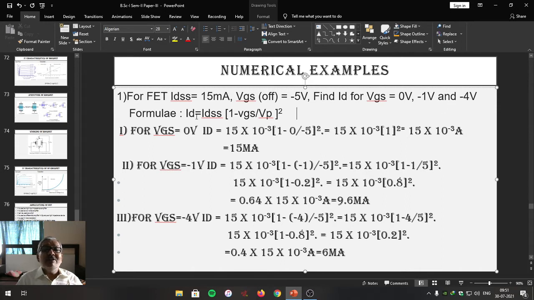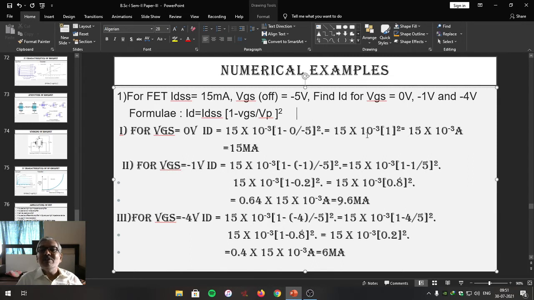First of all, we have to calculate the value of ID for VGS equal to say 0 volt. For VGS equal to 0 volt, ID equal to IDSS, it is 15 into 10 raised to minus 3 into bracket 1 minus VGS, it is 0 for 0 volt we are calculating, upon VP, it is minus 5, bracket square. 0 upon minus 5 it is 0, 1 minus 0 it is 1.